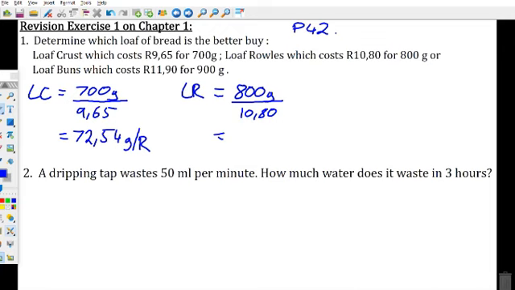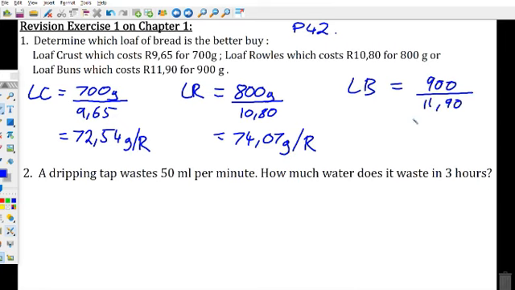So we put that in the calculator, 800 divided by 10.80. It's going to be 74.07 grams per Rand.